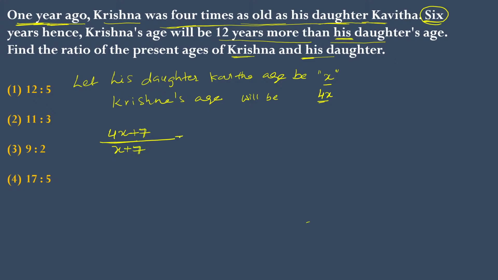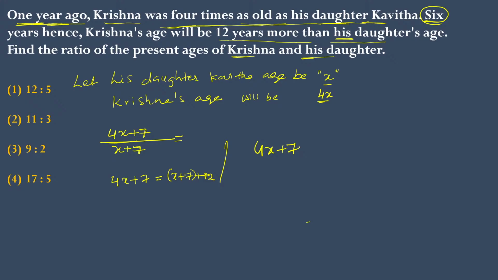So, Krishna's age after 6 years is 4x plus 7, which is equal to 12 years more than his daughter Kavita's age, x plus 7.